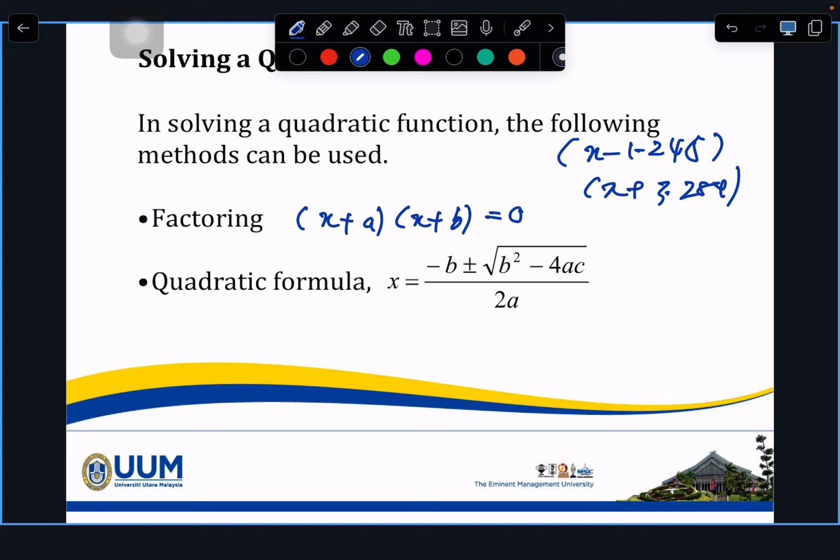There is no way that we can factorize this one. But when you press your EQN, when the output is a good number like 2, -4, -5/2, then we can use the factorized one. Okay, but if your calculator shows you this number, my suggestion is don't use factorize, use the formula. Okay.